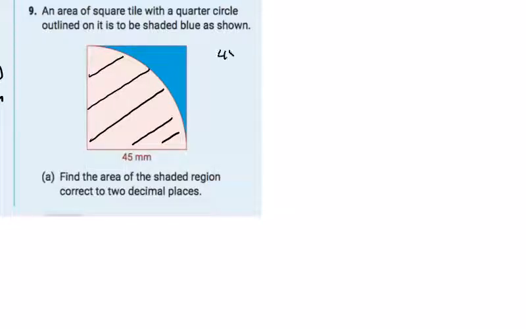So the square is 45 by 45. So we'll probably do this in one step. And if we take away the area of a quarter circle, which is pi by 45 squared over 4, that should give us this shaded bit here.